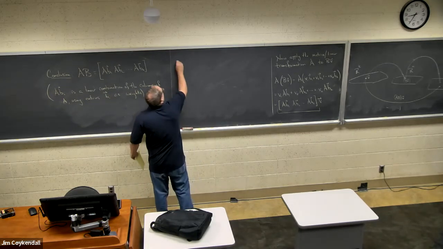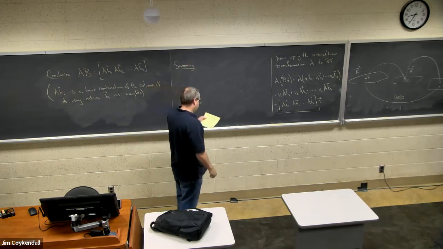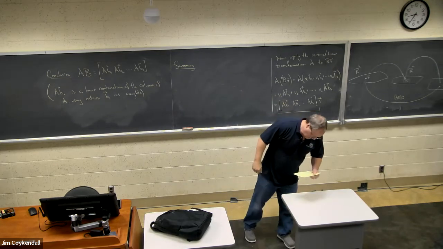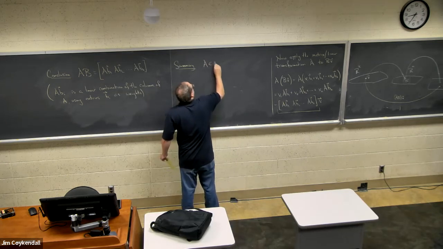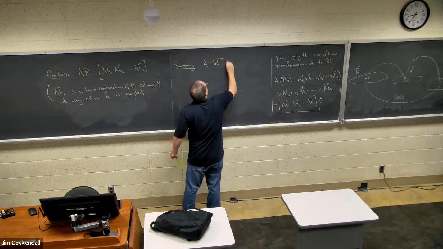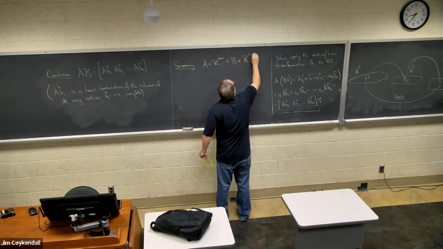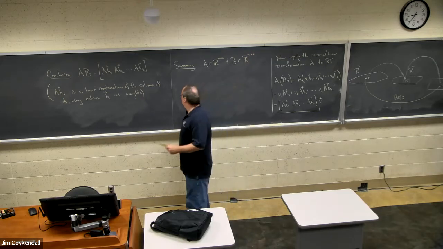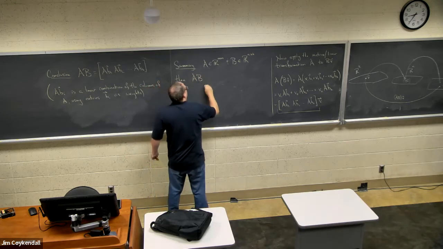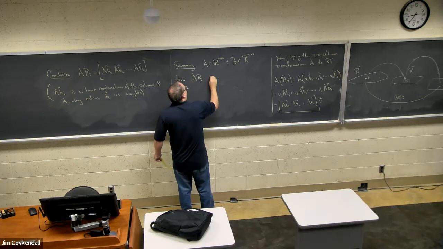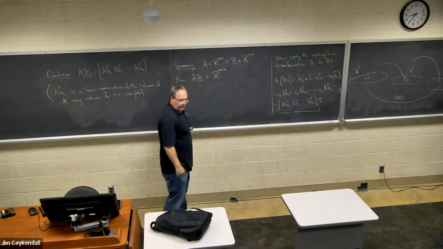So let me do something that comes full circle here. If A is an n by m matrix, and B is an m by n matrix, then AB is an n by n matrix.